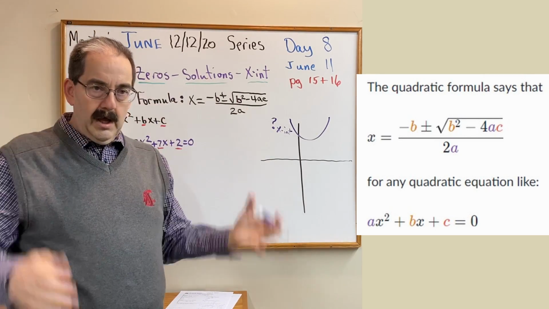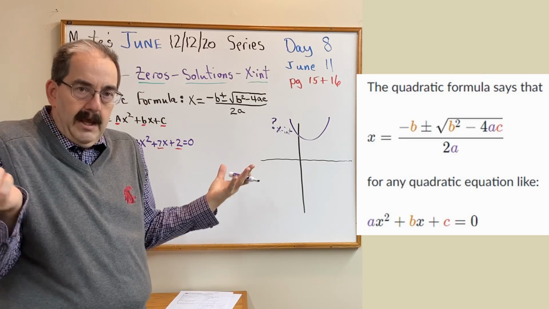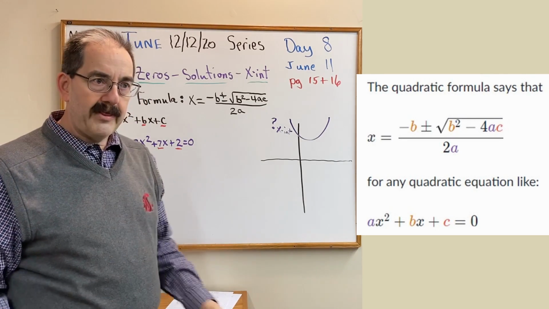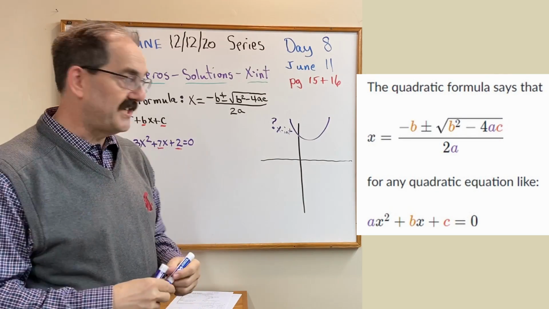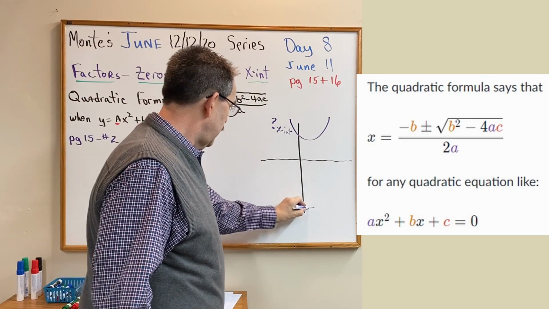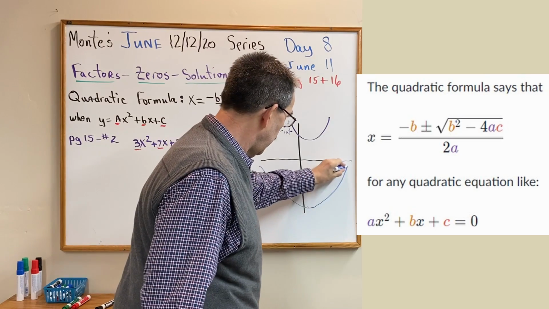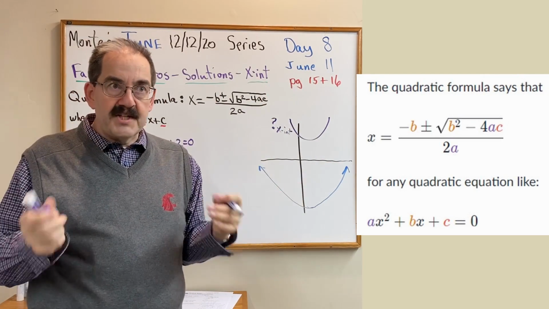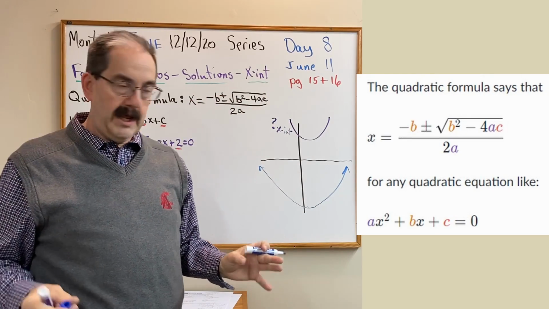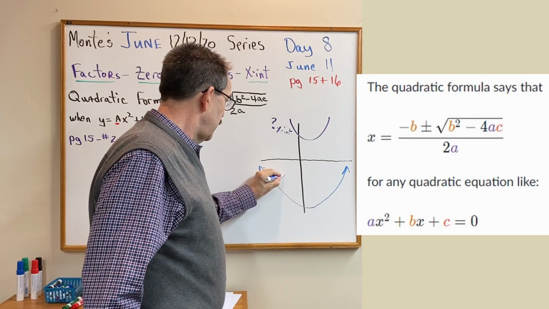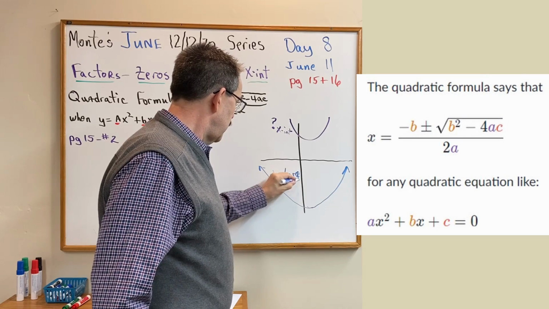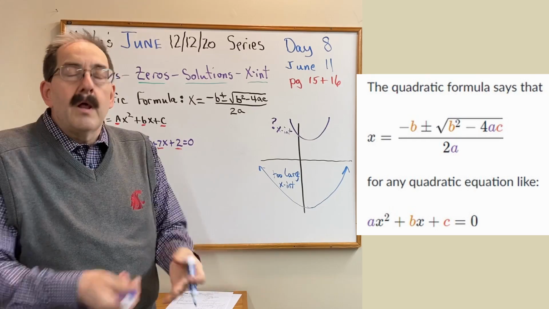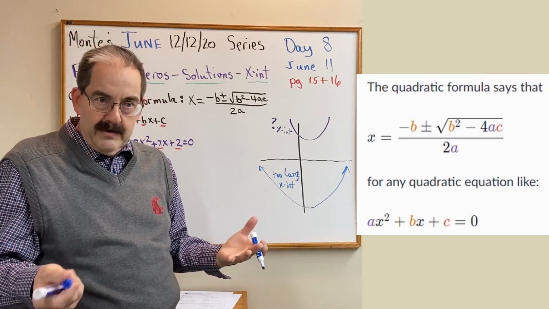I don't know. Okay. Another example. Real world math. Big. Massive. We can't demonstrate it graphically because the numbers are so huge. Where's the x-intercepts? How can we do the math?